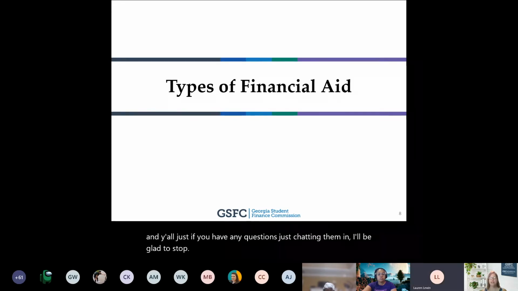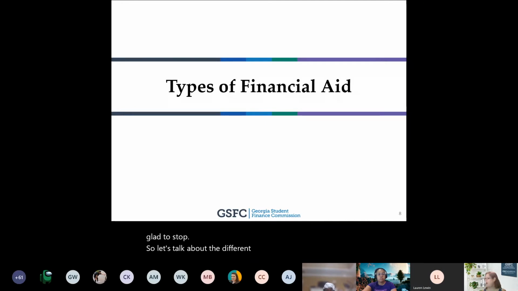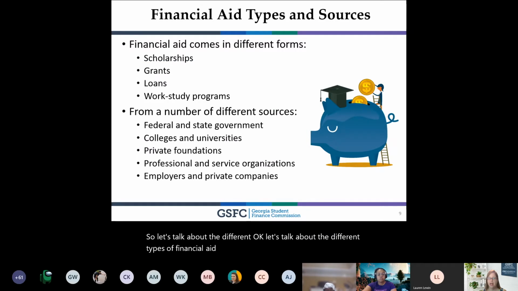Let's talk about the different types of financial aid. We have scholarships, grants, and work study, which are aid that you do not have to repay, which is the most important aid. And then there are loans, and by definition, any loan has to be repaid. Each type comes from different sources.